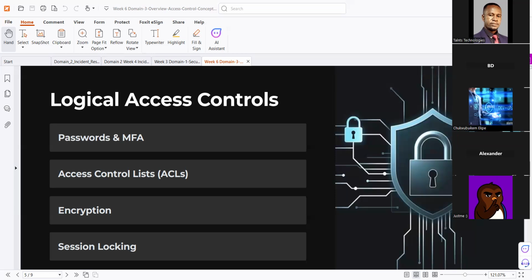Can you repeat the question? Okay, so the question is, you can be asked that a user is trying to access a file in a MongoDB database, but he was being denied access to it.